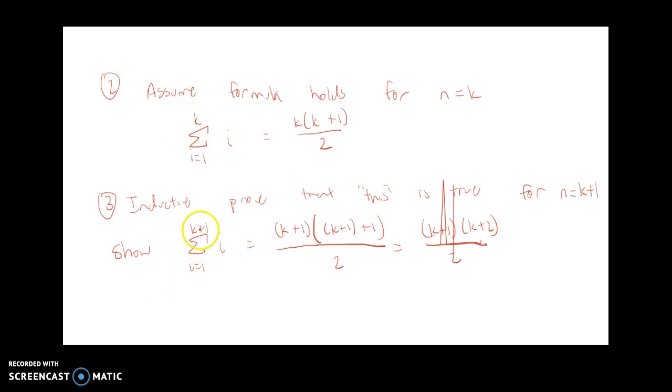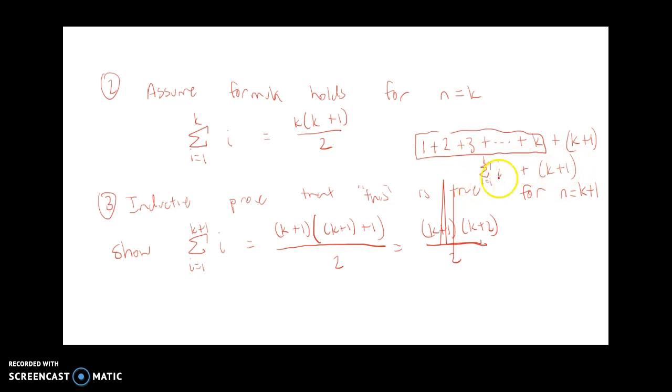Summing the first k plus 1 natural numbers means I'm going to add 1 plus 2 plus 3 plus dot dot dot all the way up to k, and then add the k plus 1 integer to that value. One of the tricks here is to first observe that that right there is the sum from i equals 1 to k of i, and then we're adding to that the k plus 1th integer.